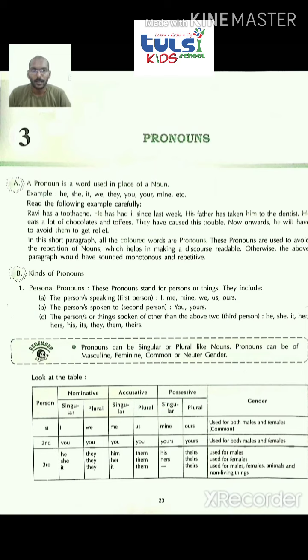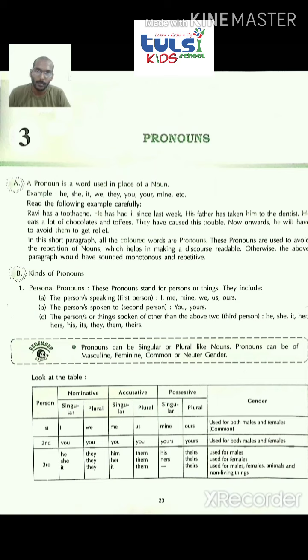Look at the table given in your textbook. It mainly has 3 columns: nominative, accusative, and possessive. Nominative means subject pronoun, the second one is object pronoun, and the third one is possessive pronoun. A pronoun can be used as singular as well as plural.